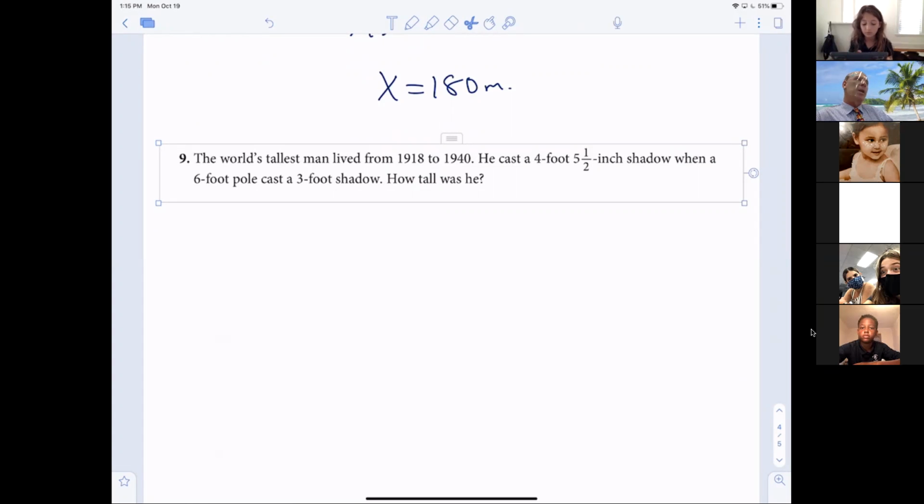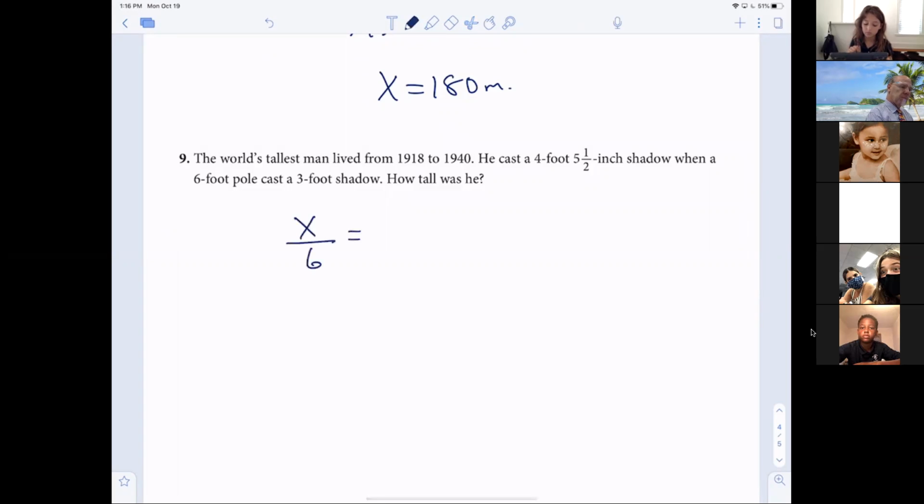So what kind of problem do we have here? The problem is, this one's a little bit tougher. We are not allowed to have a foot and an inch. You with me? So we got to convert it to feet.